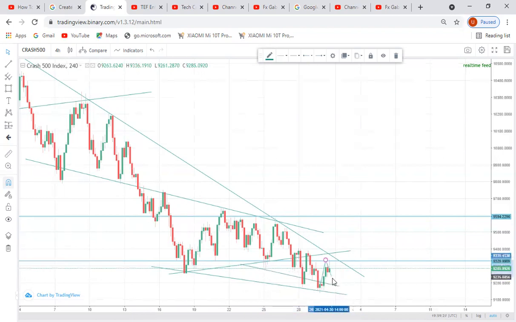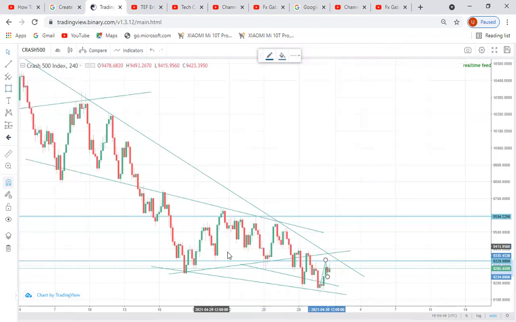So this is where I'm expecting price to retest, possibly to this level, so that we can take the next buy. So I'm expecting a retest to this level.